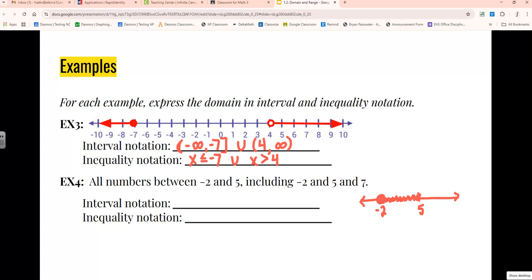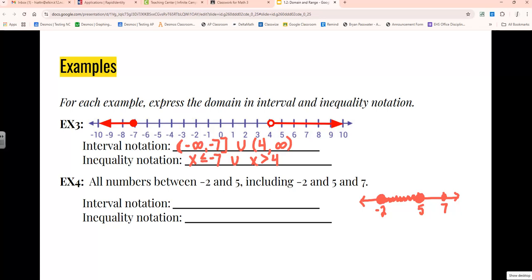And 5, we're including that. And 7, which is weird, right? So that means the answers to whatever we're talking about here are everything between -2 and 5, including -2 and 5. And then for some reason over here, just the single number 7 works as well.